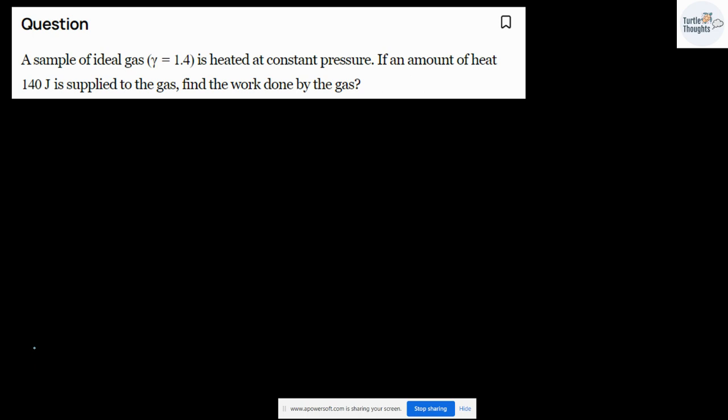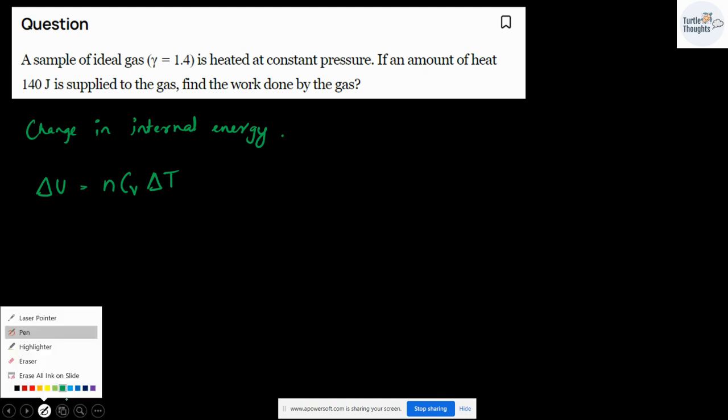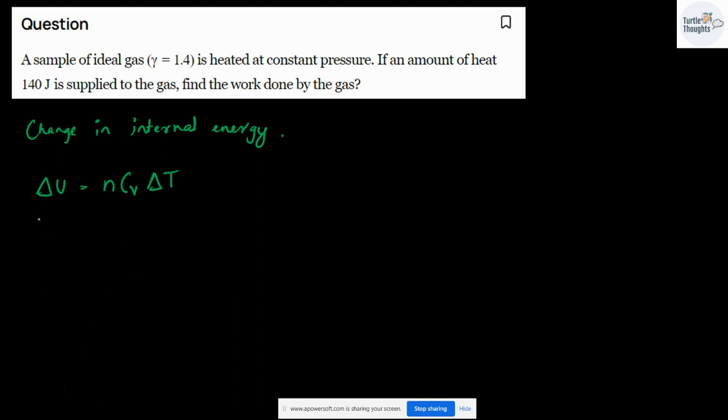Now, I need to find out the change in internal energy first. Change in internal energy is given by delta U is going to be nCv delta T. Now, I can multiply and divide by Cp.